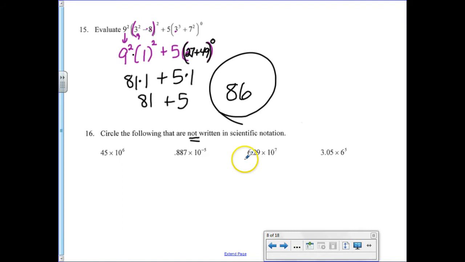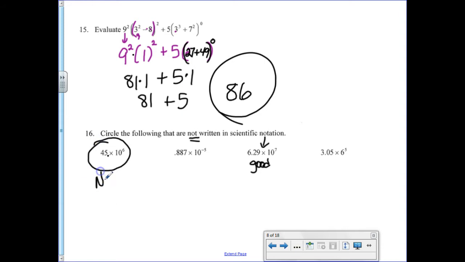Now for example, I look at 6.29 times 10 to the 7th power. This one is good. All right? This is in scientific notation. Notice it says I'm supposed to circle the ones that aren't. Don't circle this guy. Let's go back to the beginning here. This one says 45 times 10 to the 6th power. My decimal point's really right there. Nope.